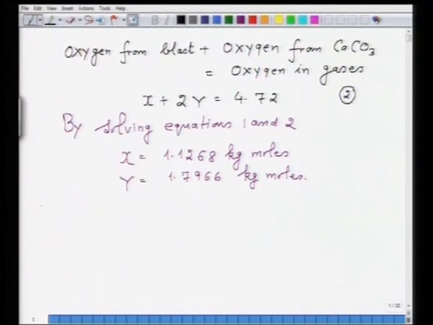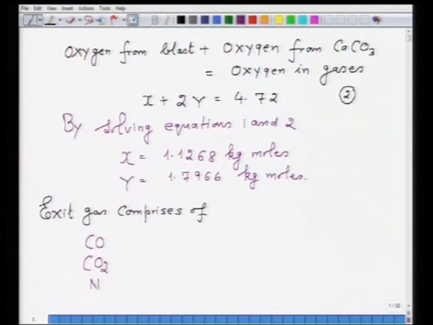Now, the exit gas comprises carbon monoxide, carbon dioxide, and of course, nitrogen, because air is used for blowing purposes. So, first I will write in kg moles.